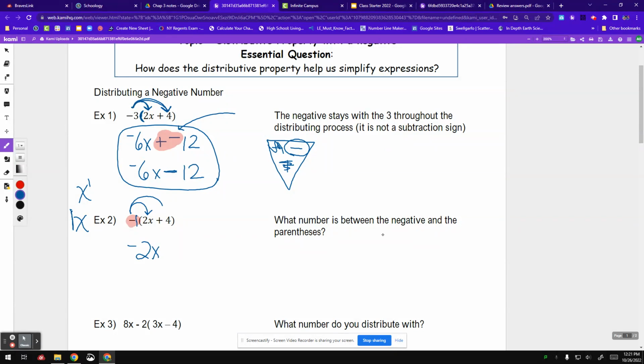And then negative 1 times 4. I want you to think about negative 1 times 4 is negative 4. So I'm going to write negative 4 as if it were minus 4. Because remember, if I were to add the inverse, I'd have plus negative. But that looks yucky. So we just want one symbol there.